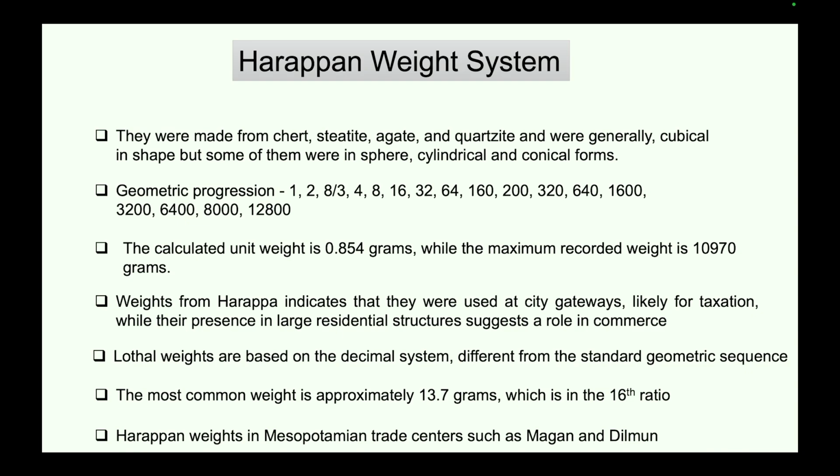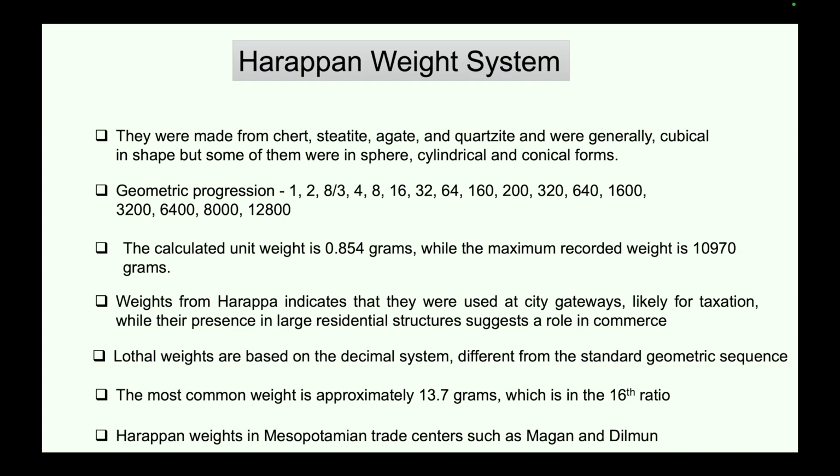Lothal weights are based on the decimal system, different from the standard geometric sequence. The most common weight is approximately 13.7 gram, which is in the 16th ratio. This ratio was later continued in many historical periods as well.